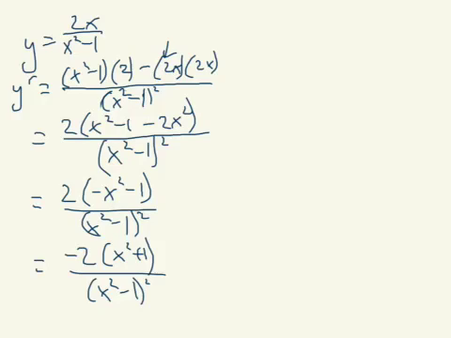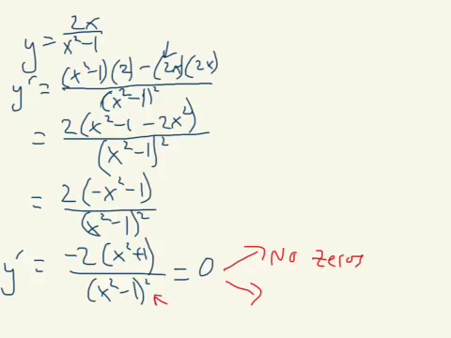The question we have to ask ourselves is, where does this equal 0 and where does it not exist? It can't equal 0 because the numerator can't equal 0, so I'll make a note that there are no zeros. But it does not exist where the denominator is 0, because I could factor this as x plus 1, x minus 1, all squared.